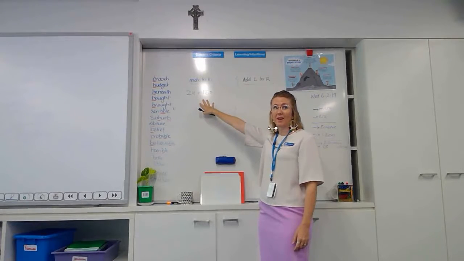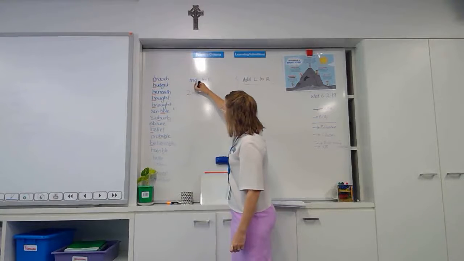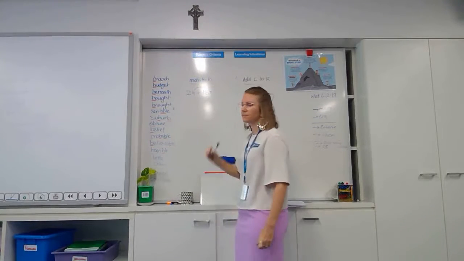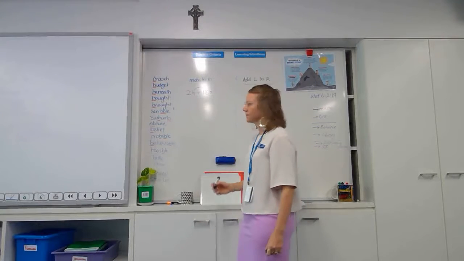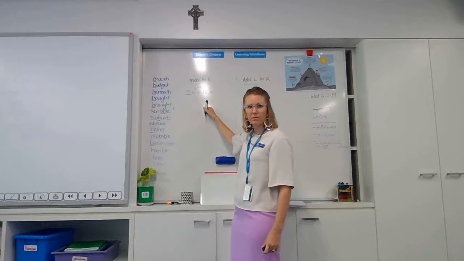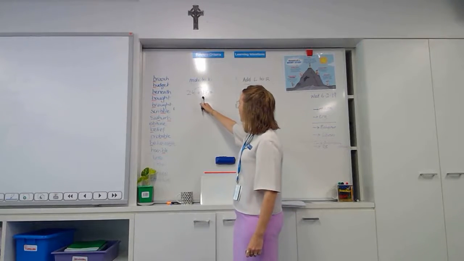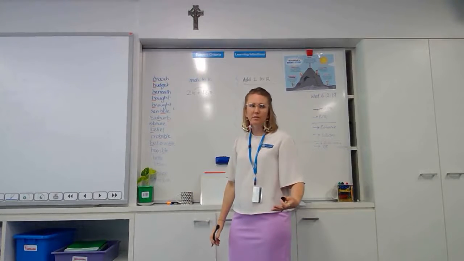And then I want you to write exactly what I'm going to do on the board, okay? So I'm going to join these up here with a little line, signifying that I'm going to be dealing with the ones. The next thing, if I add the 4 and the 8, that's 12, yeah?